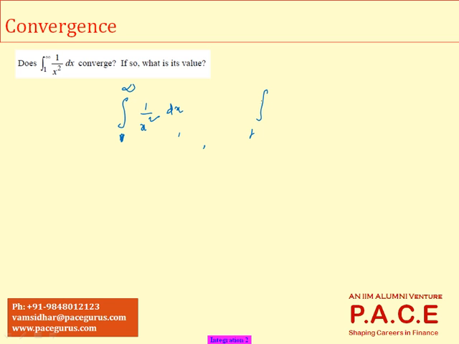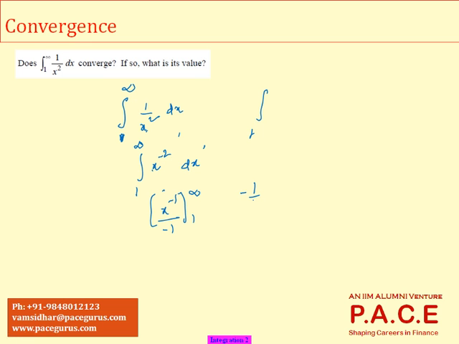It's as good as saying, okay, let me do the integration for 1 by x squared. I can very well write this as x to the power of minus 2 dx. Now using our formula x to the power of n, x to the power of n plus 1 by n plus 1. So x to the power of minus 1 by minus 1 plus 1, or minus 2 plus 1, which is minus 1.